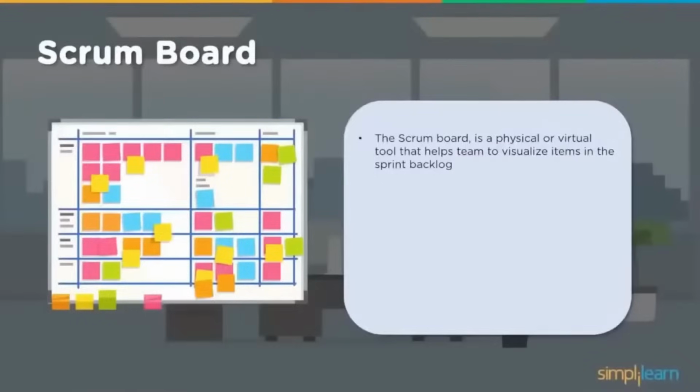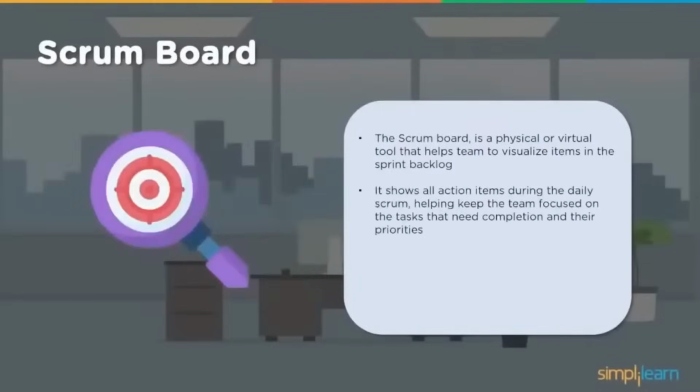A Scrum board is a physical or virtual tool that helps visualize items in the sprint backlog. It helps in tracking what is delivered, what is in progress, and what needs to be delivered further. It shows all action items during the daily Scrum, keeping the team focused on tasks that need completion and their priorities.